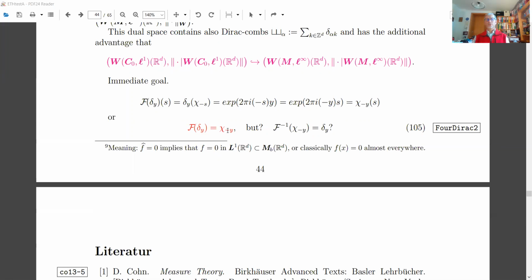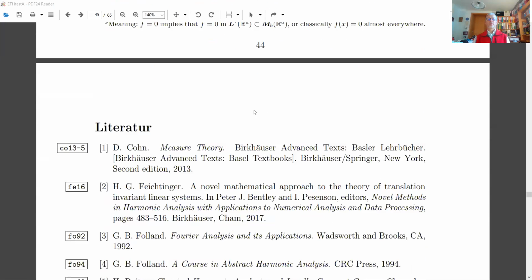And that's actually true. This is how a musician would describe what he hears. He would say, I hear a pure frequency, maybe with some amplitude too, and then you would get 2 pi times delta of that particular value. And this is how we want to extend the Fourier transform, but we are still far from this.